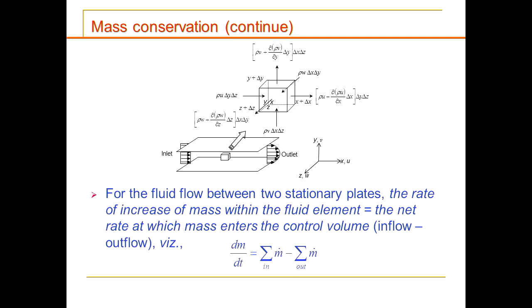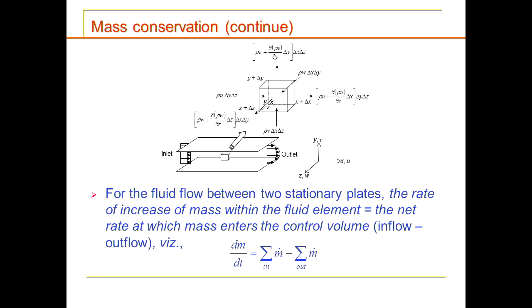Assuming this is infinitely small, this becomes your dx, and then that becomes your dy, and correspondingly, this becomes your dz.